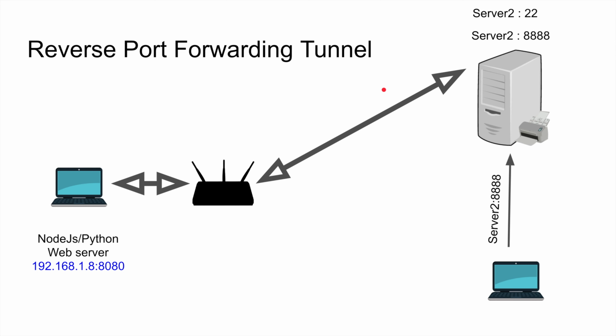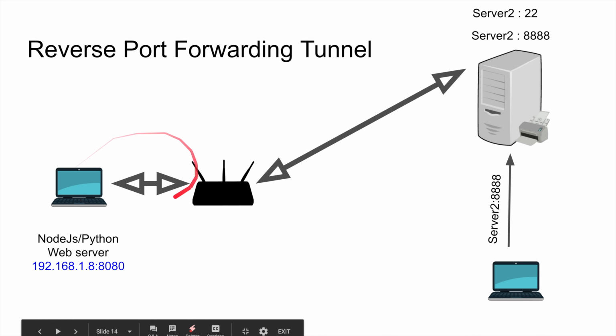So let's talk about local port forwarding and then reverse port forwarding. What's the difference between them, so you can really understand. Here's the client. In reverse port forwarding, the client that makes the request doesn't know the destination server, which is me in this case, your Node.js server.